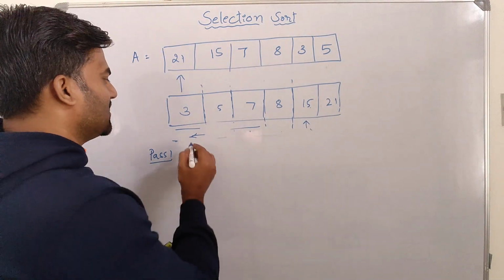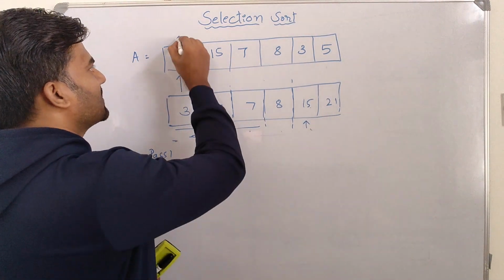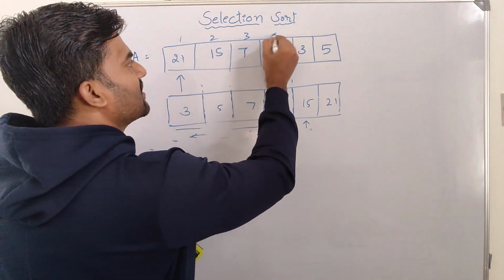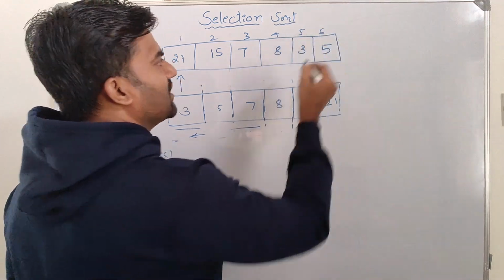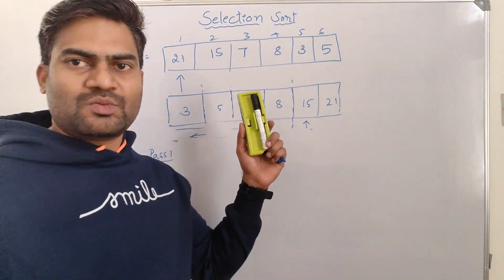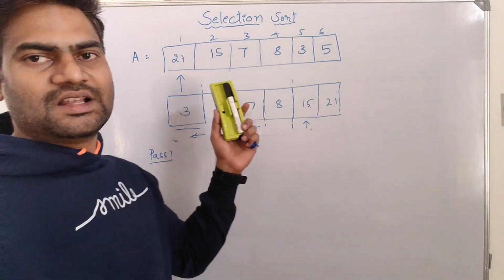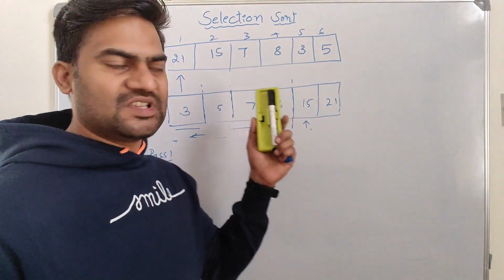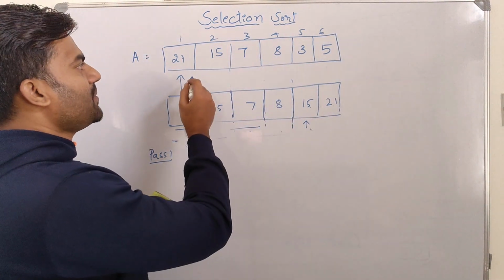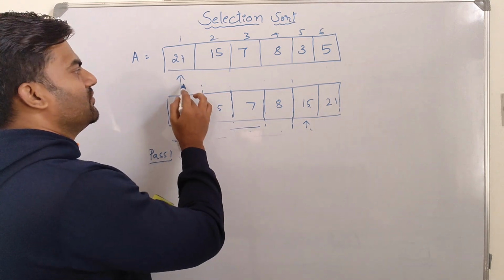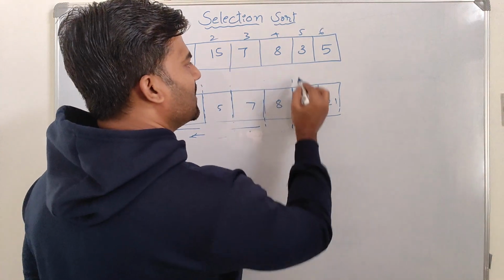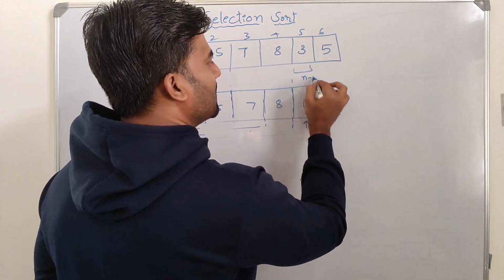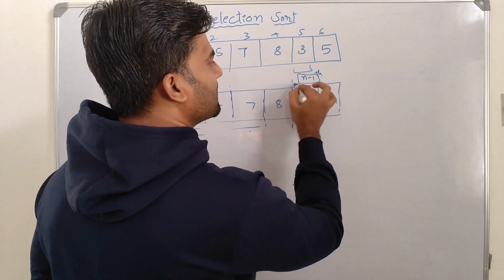So what we did, we started from the first index. Let us assume these are the indexes. In a real-time scenario it is zero-based indexing, but simply for understanding purposes, we will consider one-based indexing. We started here and ended at the n minus 1th index.